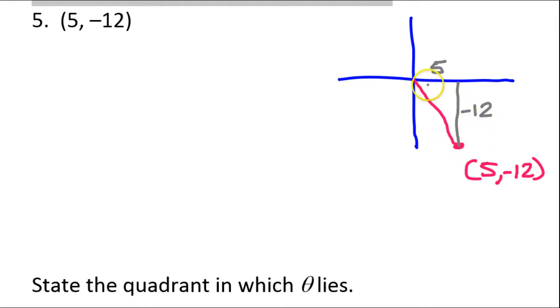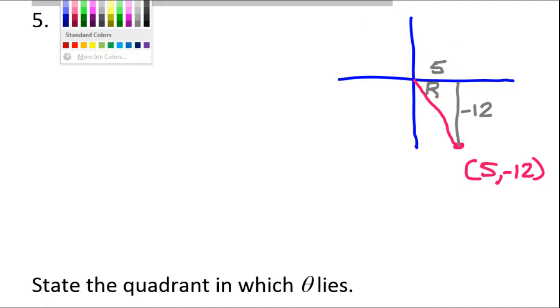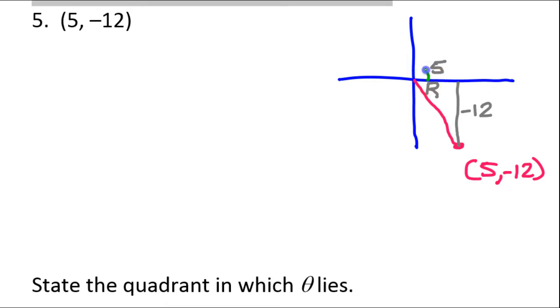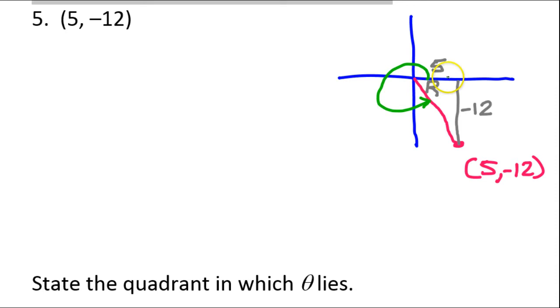If I look at this reference angle here, I can call it R. As long as I use the signs on these numbers, like the positive 5 and negative 12, if I find the sine, cosine, tangent, etc. of R, that's going to be the same as the sine, cosine, and tangent of the real angle, which actually goes like this. The real angle in standard position looks like this. It doesn't go like that.